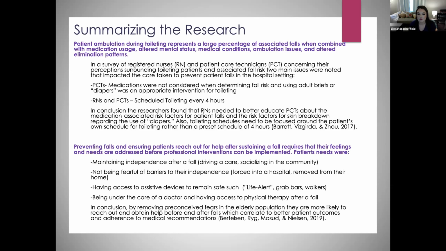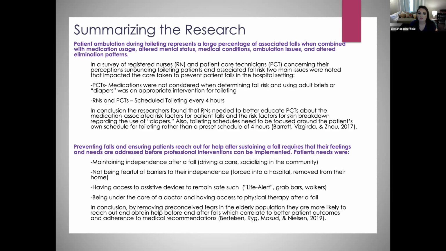Elderly people reported that having such devices was very important for them to maintain their independence. So even after having a fall or having mobility issues, they were able to continue to live at home and still retain their independence. Being under the care of a doctor and having access to physical therapy after a fall was also indicated as an important issue for elderly people.